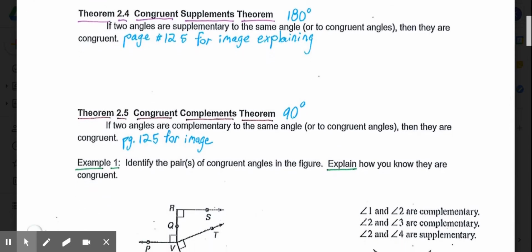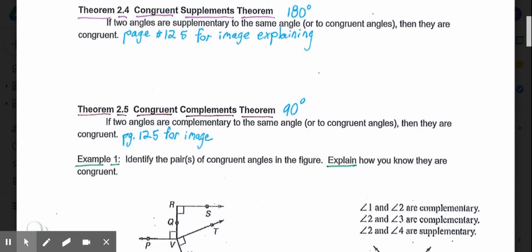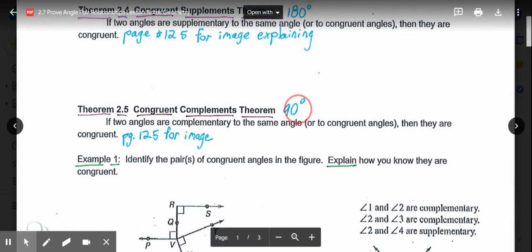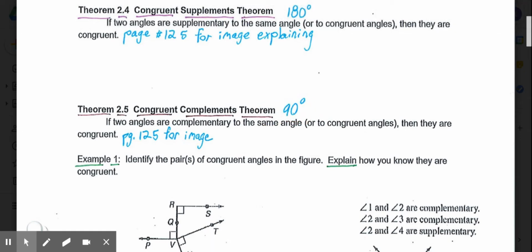And then Theorem 2.5, the congruent complements theorem, states if two angles are complementary to the same angle, and remember, complementary angles add up to be 90, or to congruent angles, then they are also congruent. And again, an image of that one is also on page 125 if you want to draw it out or look at one to help you visualize this.